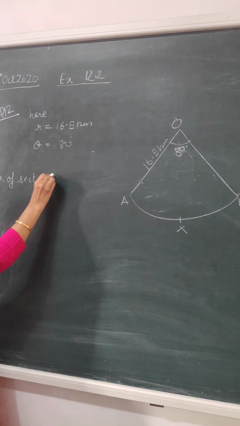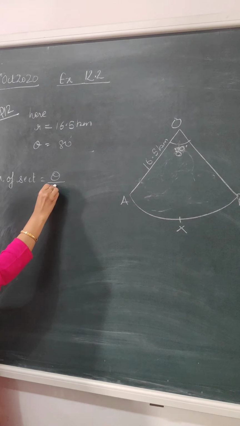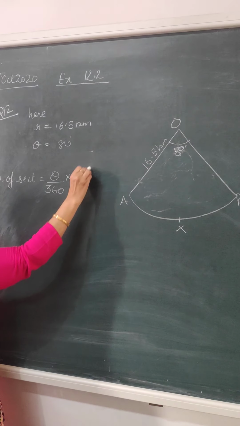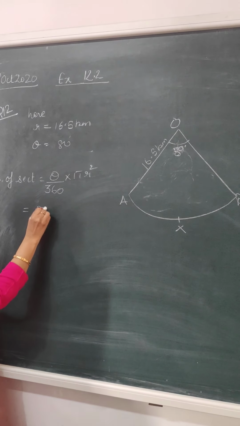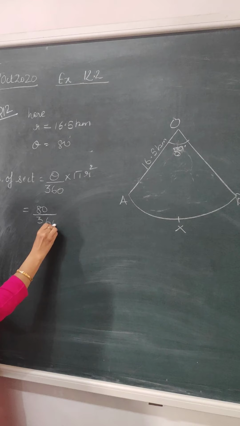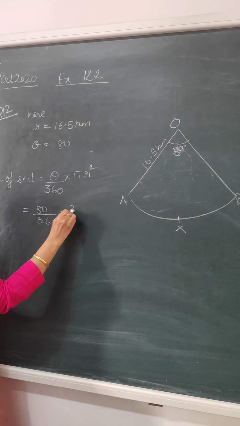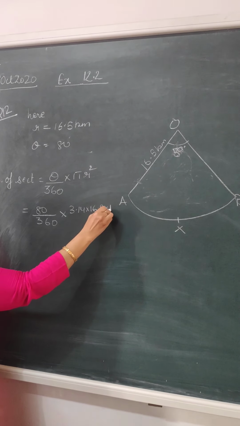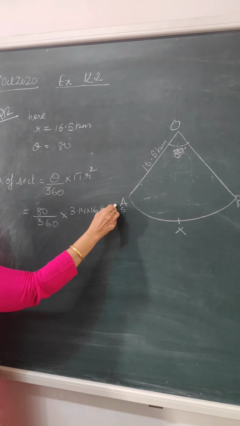Area of sector is equal to theta by 360 into area of circle, that is pi r square. So 80 by 360 into 3.14 into 16.5 into 16.5.